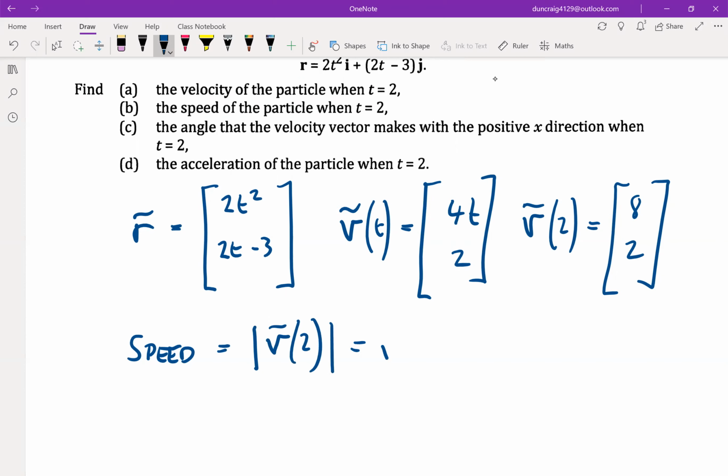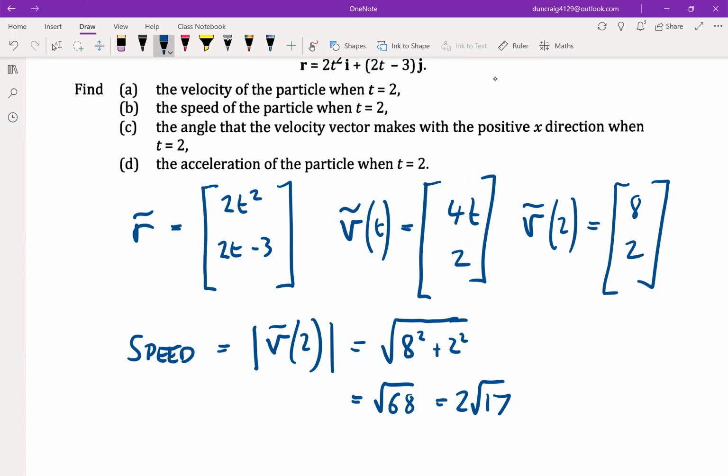That's just going to be the square root of 8 squared plus 2 squared, so 64 and 4. If we chuck it in the calculator, that simplifies down to root 68, which is equal to 2 root 17. Cool. So that's our speed.